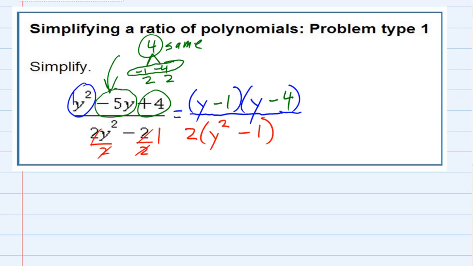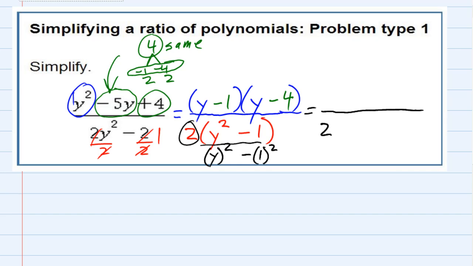Now, we're not quite done with the denominator though, because hopefully you recognize that as the difference of two squares. So this part inside is actually a y squared minus a 1 squared. So it's a difference, it's subtraction of two squares. So that tells us that in the bottom, we still have the 2 out in front. We don't want to lose that.